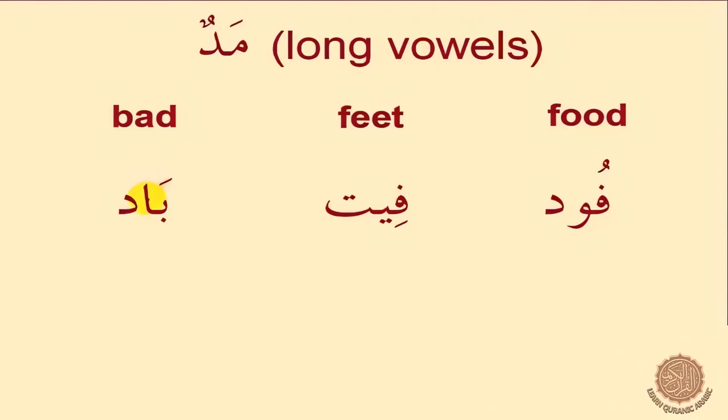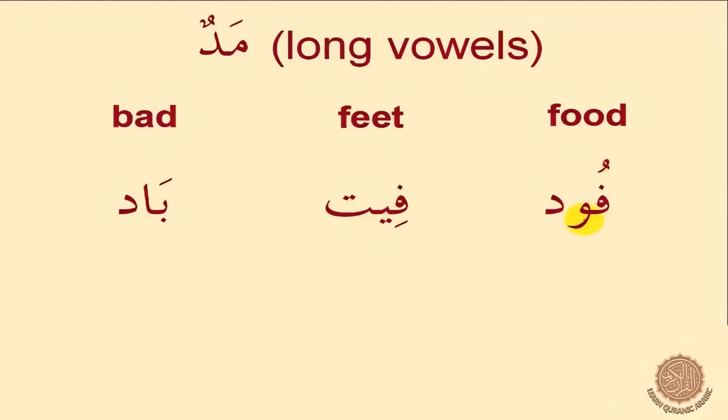And that's where we get the elongation, the long vowel. Similarly, here we have a kasra, and then following it is the ya. So it's an E sound. And finally, we have here a dhamma, followed by the waw. So it's a U sound.